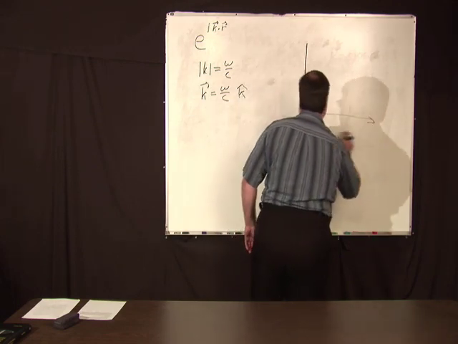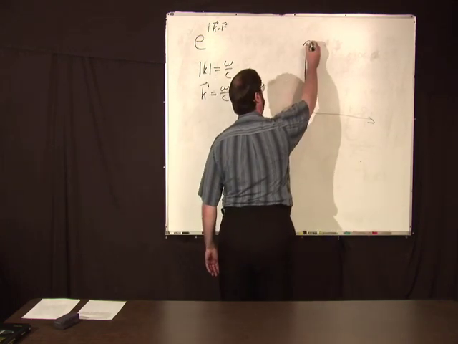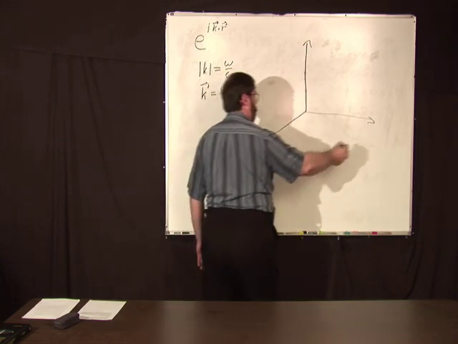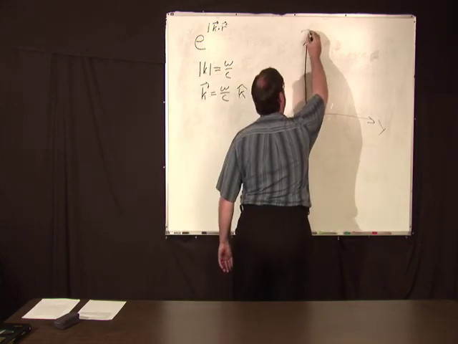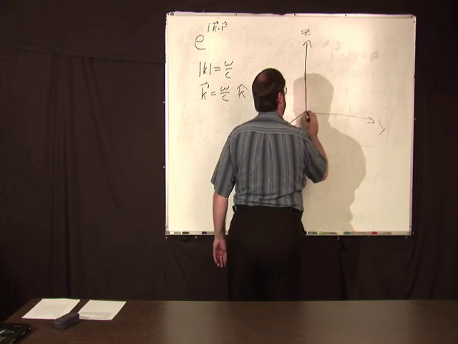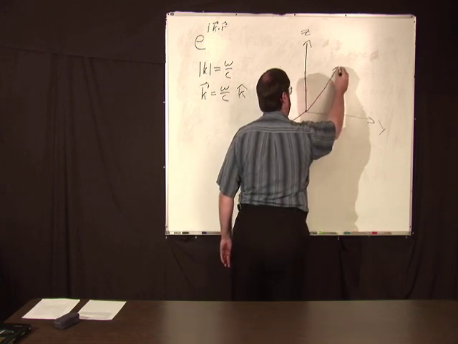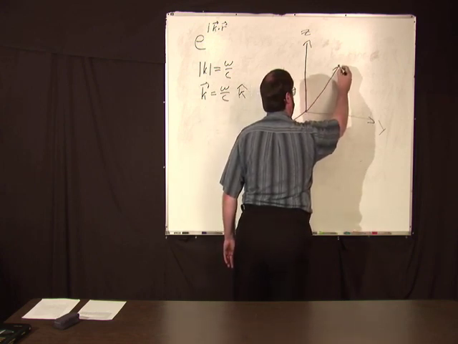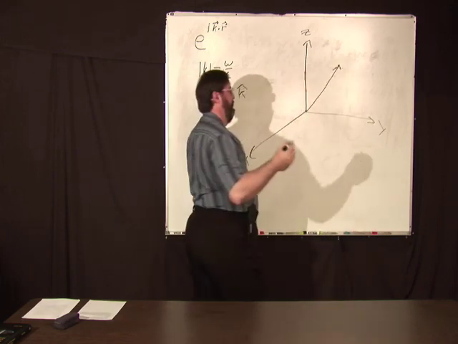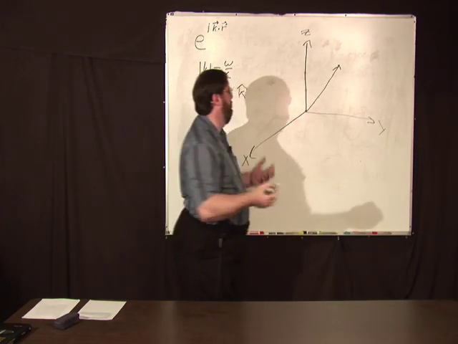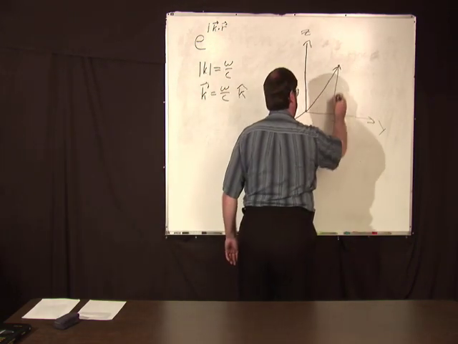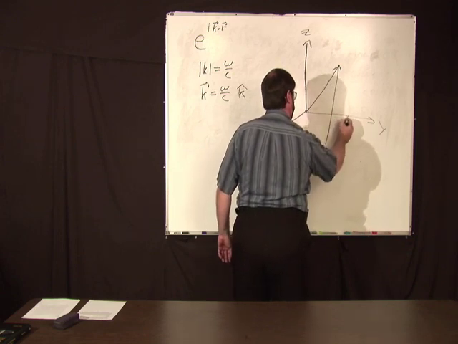Here we've got a three-dimensional coordinate system, three axes. We'll call this x-axis, y-axis, z-axis. A general vector that's represented by an arrow is characterized by three numbers, x, y, and z components.